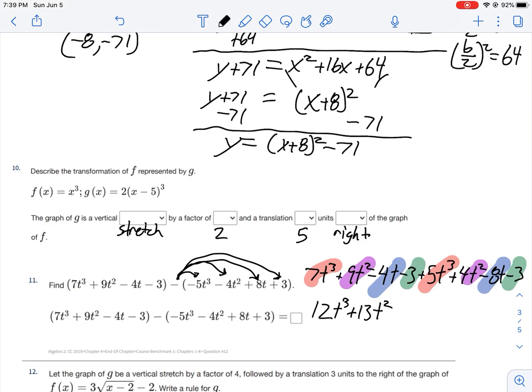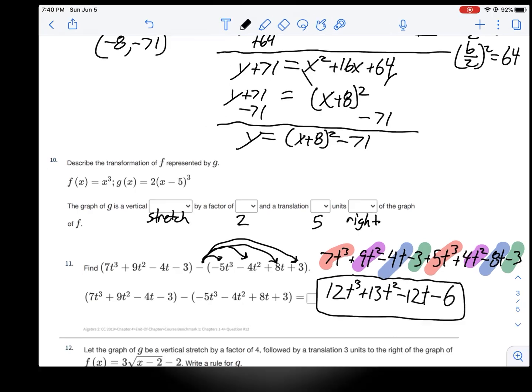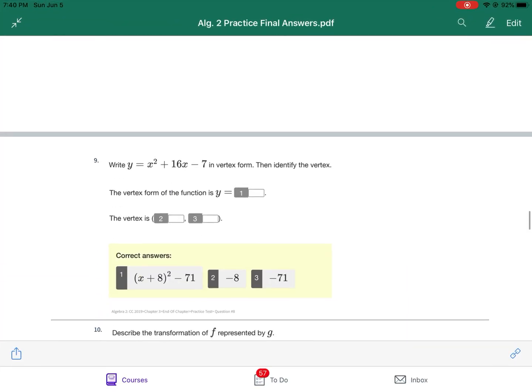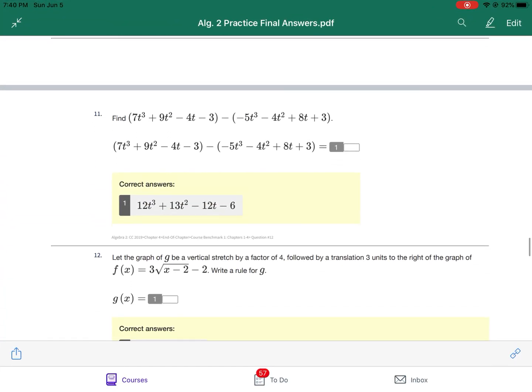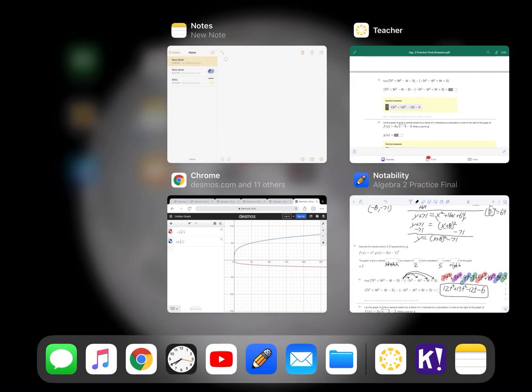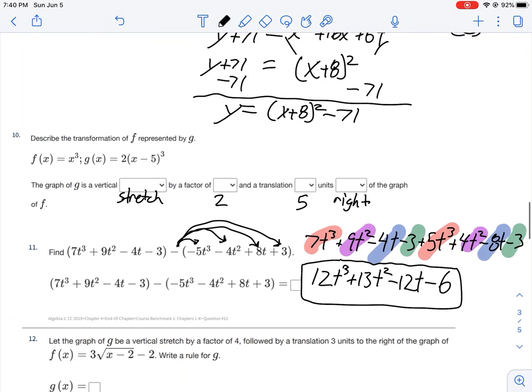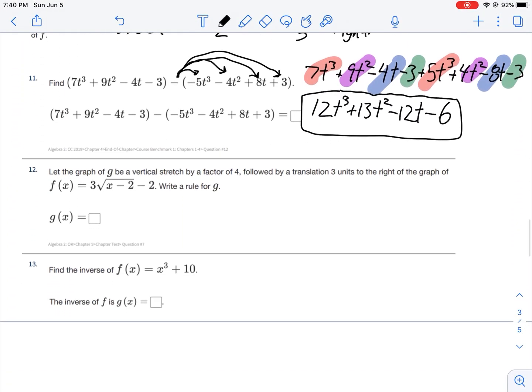Negative 4t, negative 8t, that's negative 12t. Negative 3, negative 6. Now, this is one that I'm going to double check because I'm Mr. Smith, and that's why I make mistakes. 12t cubed, 13t squared, negative 12t minus 6. That looks pretty good.